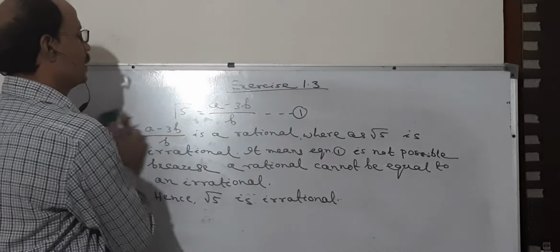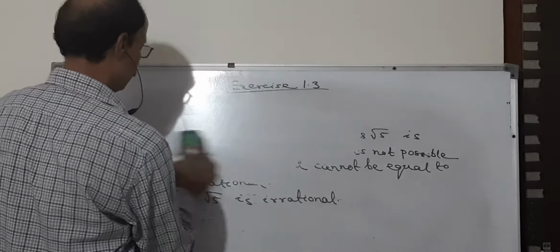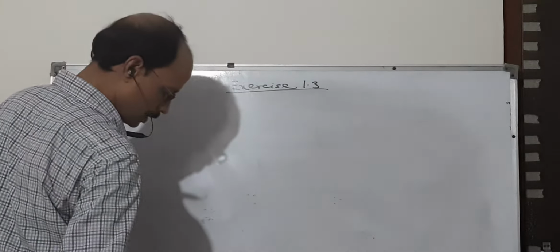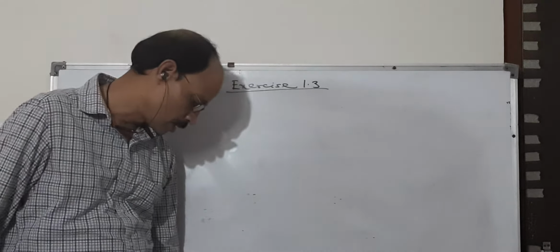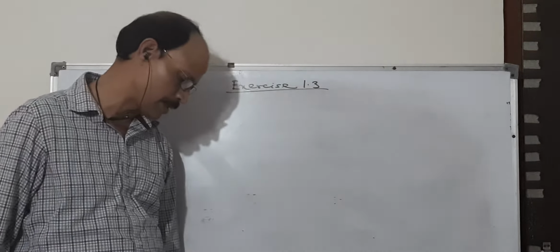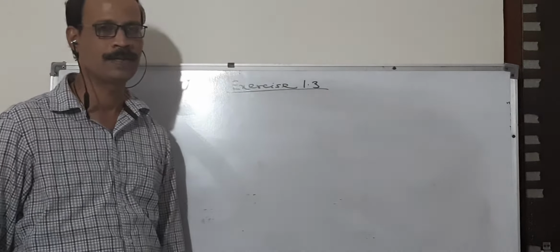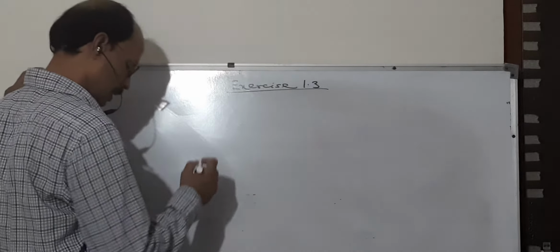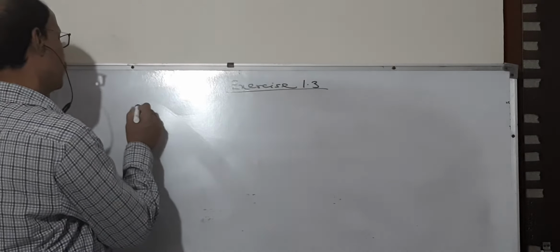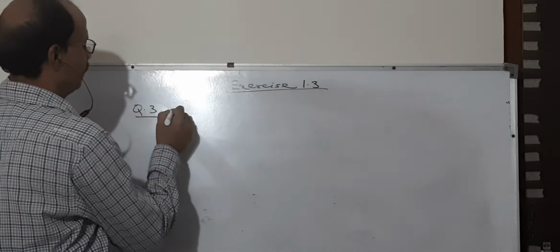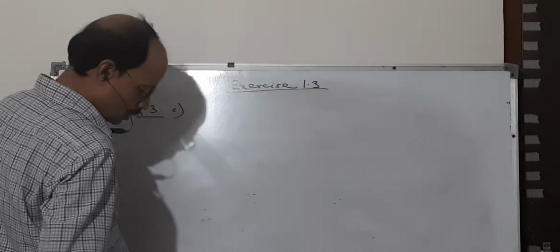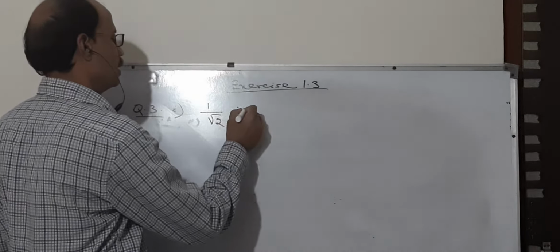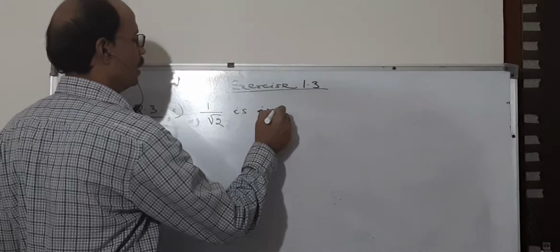So what is question number 3? Here we have to prove that the following are irrational numbers. So some numbers are given and we have to prove those numbers are irrational. So it is question number 3, first part. 1 upon root 2. We have to prove this is irrational.